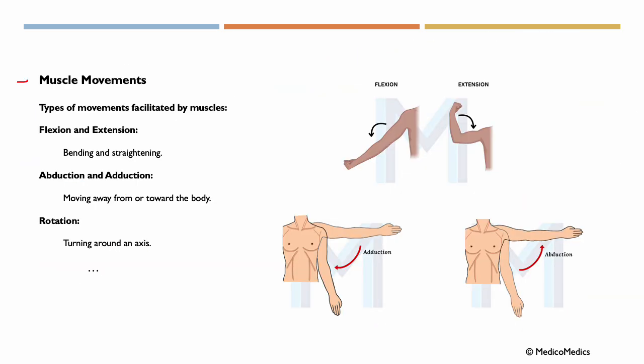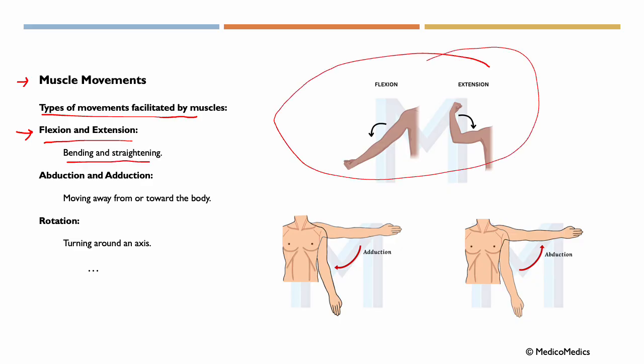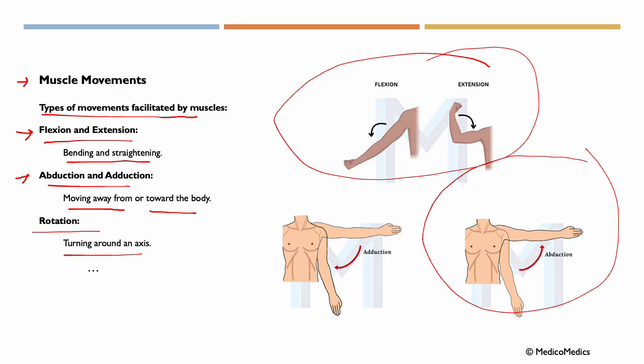Now, muscle movements. So, types of movements facilitated by muscles. We have flexion and extension, meaning bending and straightening. There is an illustration of that. We have abduction and adduction, which means moving away from or towards the body. We have rotation, so turning around an axis. So if your arm is set to your side and you are told to abduct, you are moving your arm away from the body.